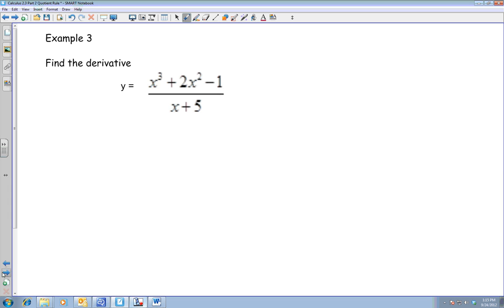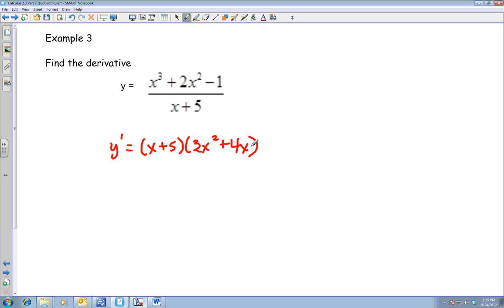Example 3. Okay, again, I know that it's the quotient rule. I can't simplify it at all. I can't rewrite it. So I'm going to have y prime equals low d high. So my low term times the derivative of my high term, 3x squared plus 4x.